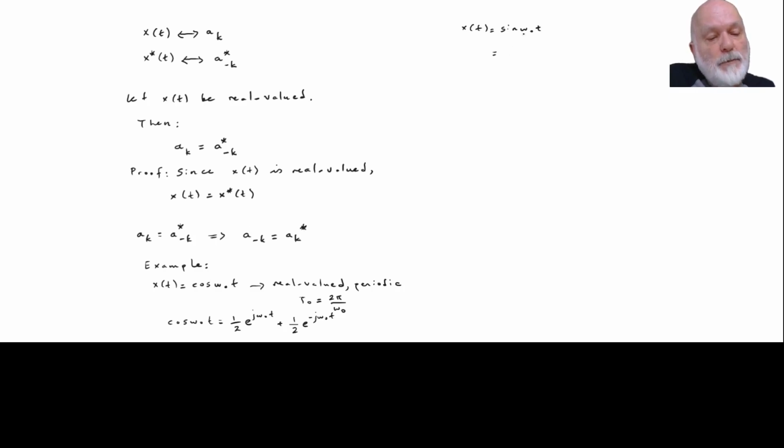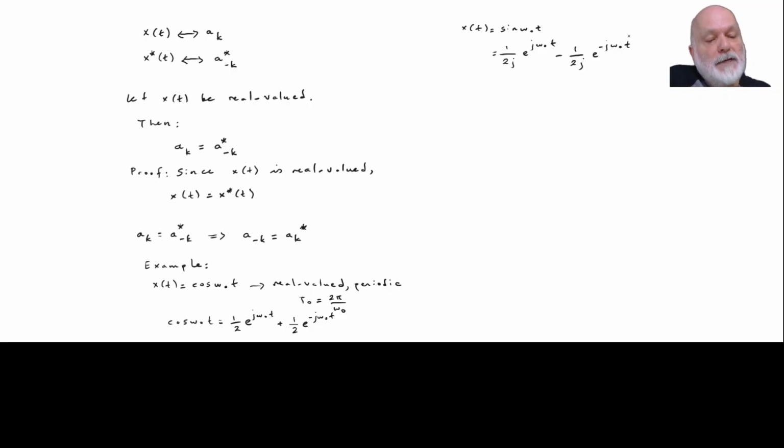So sine omega 0 t can be written as 1 over 2j e to the j omega 0 t minus 1 over 2j e to the minus j omega 0 t.